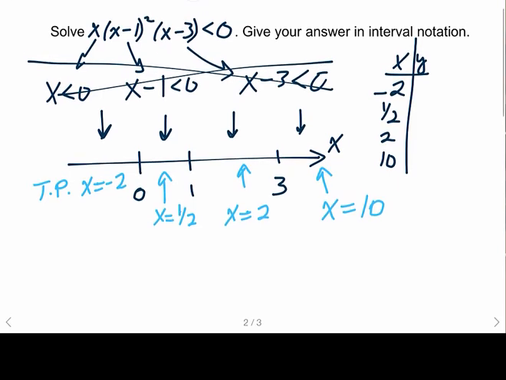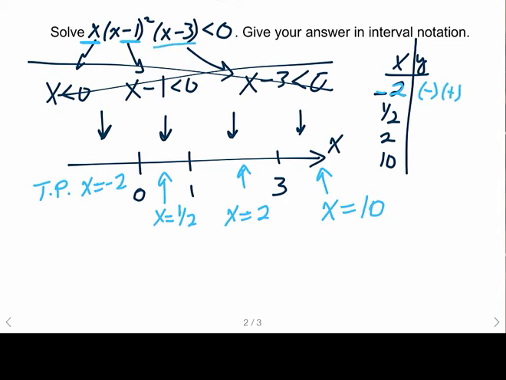And we're going to consider each factor with these particular x values. So if we first consider -2, -2 as the factor x is a negative factor. -2 in place of x for x minus 1, the quantity squared, well, that factor is never negative. -2 in place of x for x minus 3 would give me a negative factor.